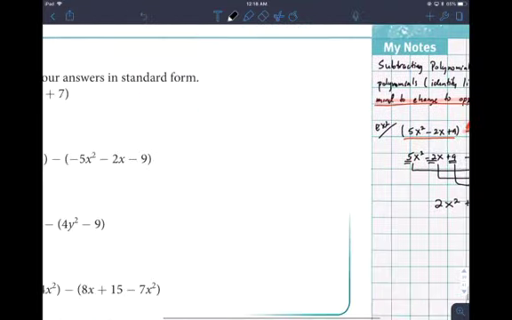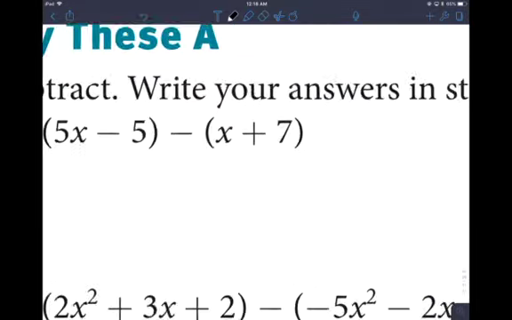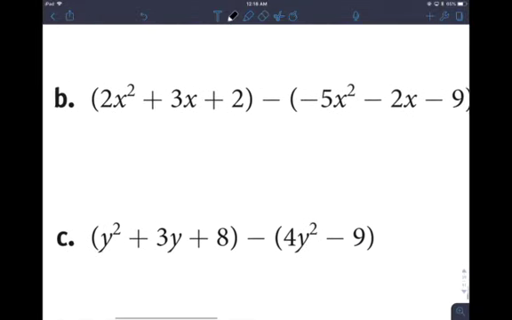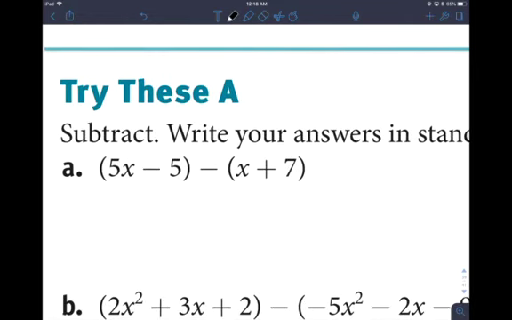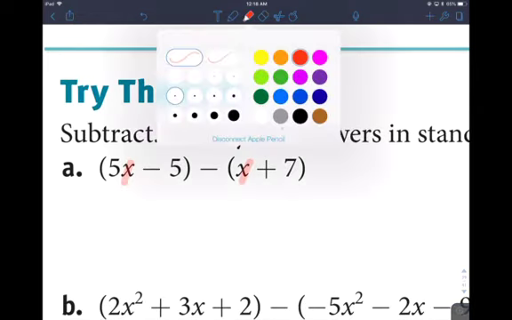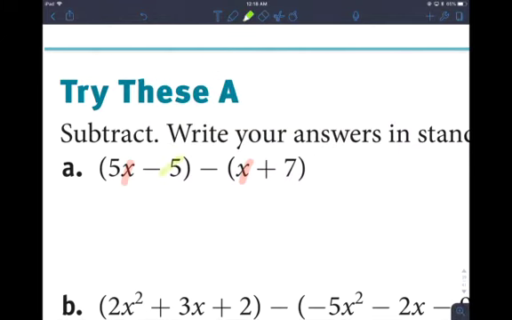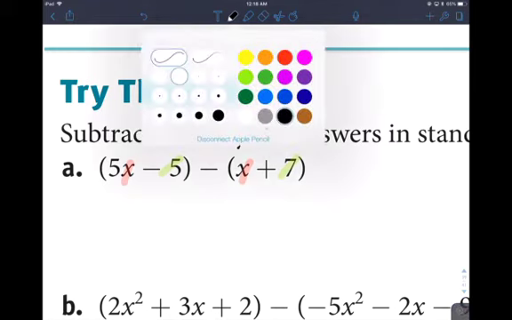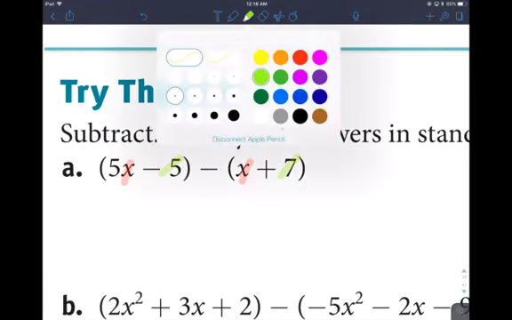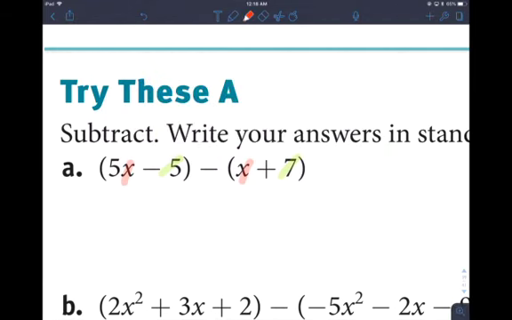Again, looking at these 2 examples, notice that now we're subtracting. It's all subtraction. So again, first job, recognize your like terms. So x, and here's my coefficient, and notice that here's my subtraction. So before I do anything else, make sure I distribute that negative sign to every term in my second set of parentheses.